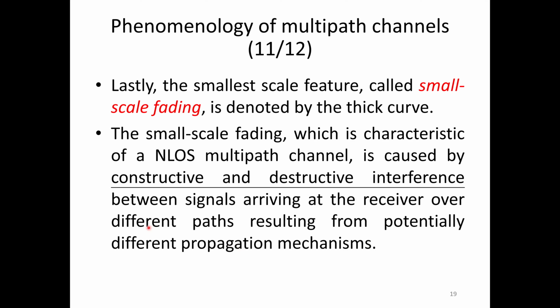Because the different paths have different path lengths, the time from the transmitter to receiver is not the same for different paths. Since the times are not the same, the phase may not be the same also, so we will have constructive and destructive interference.